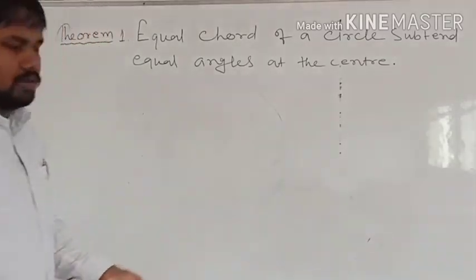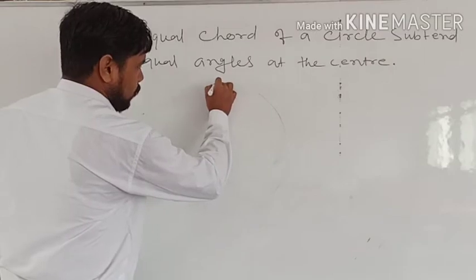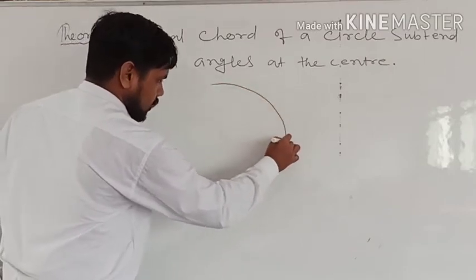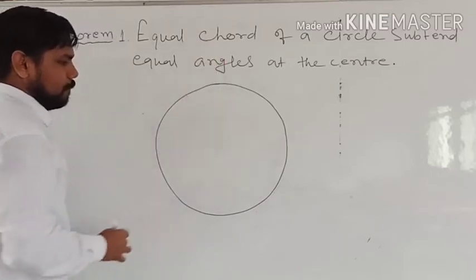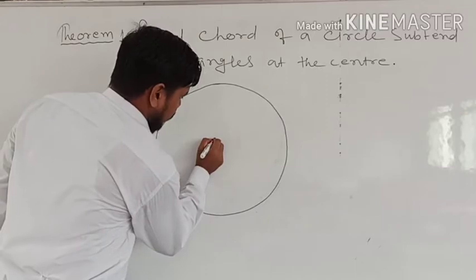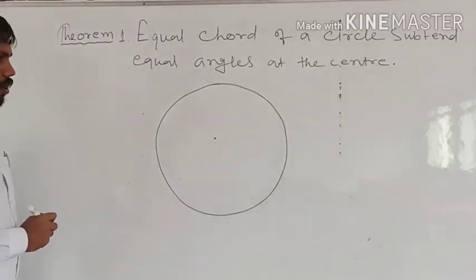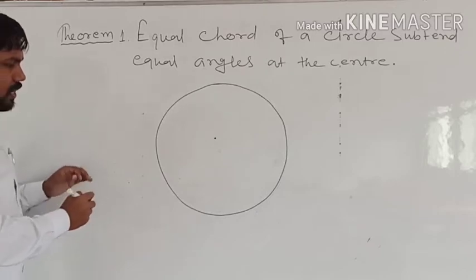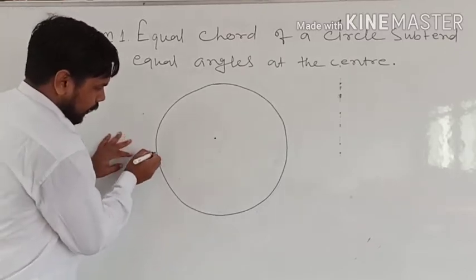So let us draw a circle first to explain what this theorem is asking. Suppose this is the circle which I am drawing. Now this is the center. Basically the theorem is asking about equal chords of a circle, so suppose I am drawing two equal chords.